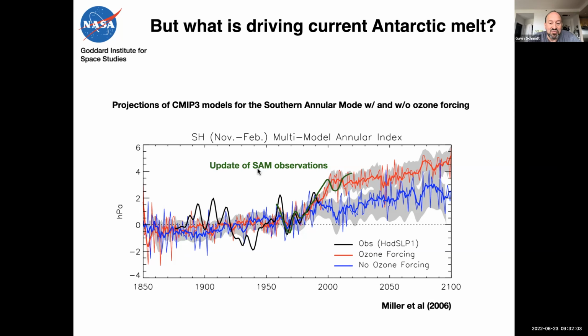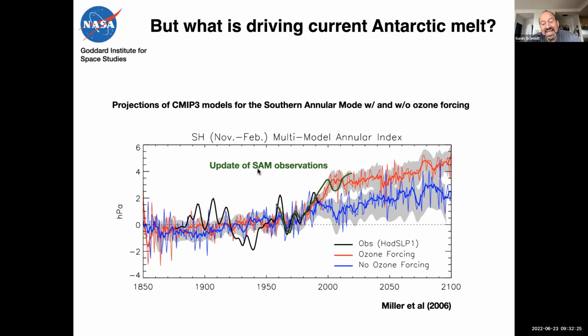The runs in red here had an ozone depletion and an ozone hole and then a recovery post 2000, whereas the blue ones only had greenhouse gas forcing effectively, with no real changes to ozone depleting substances.